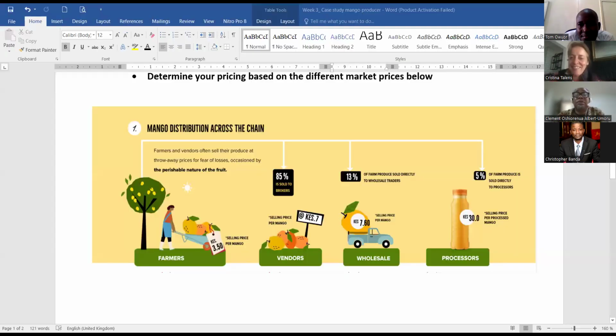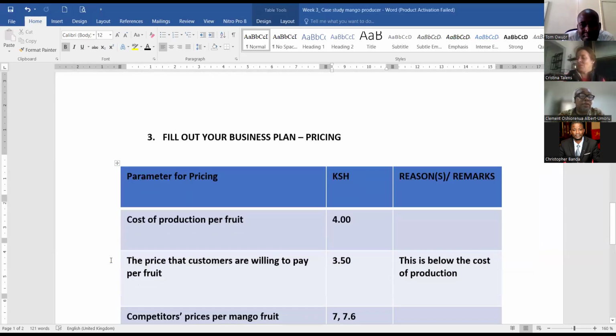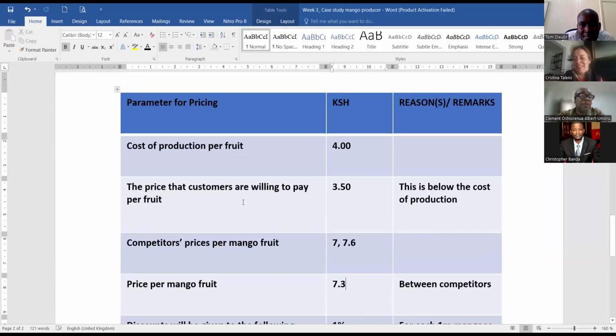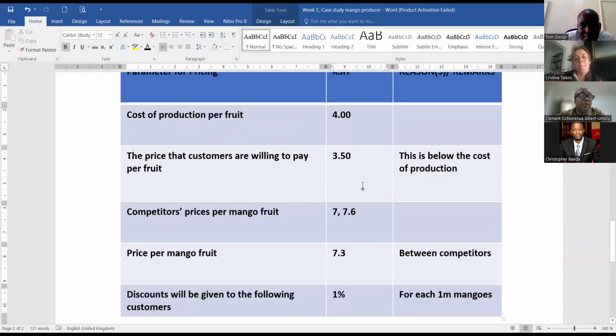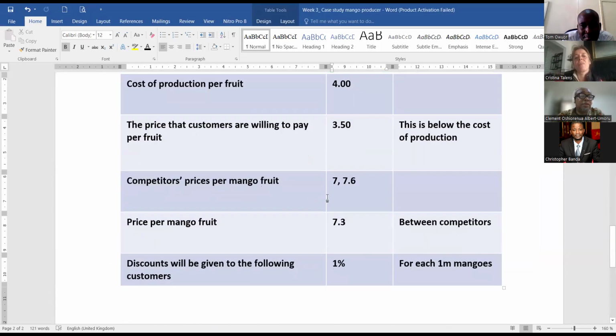Let me take that on behalf of Clement and Susan, if that's okay. How many minutes do I have? Just 1 minute. Just tell us why. So for us to produce 10,000 mangoes, it's costing us 4 shillings per mango. We have agreed that we can sell at 3.5. It's not going to make business sense. It's below the cost of production.